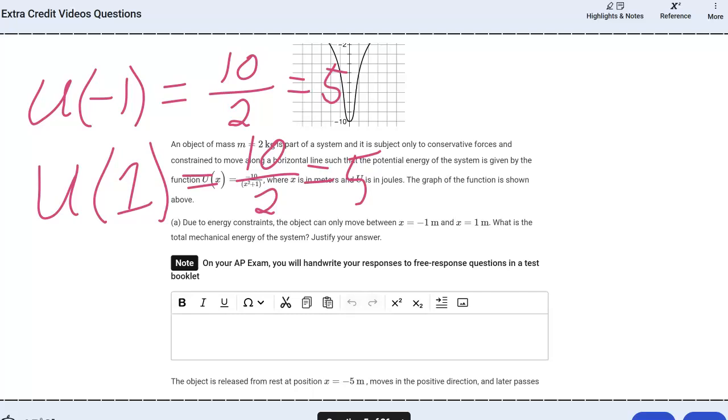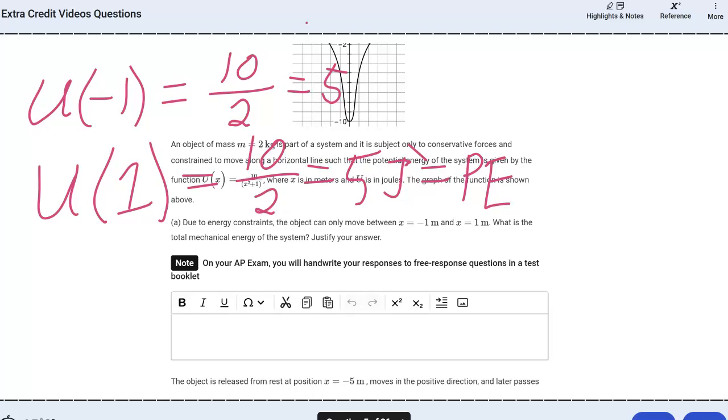Okay, so now, using our knowledge of energy, we can determine that the total energy of the system is 5 joules. And that is because, since only conservative forces are acting on the object, the total mechanical energy is constant. And this is the sum of potential energy and kinetic energy.